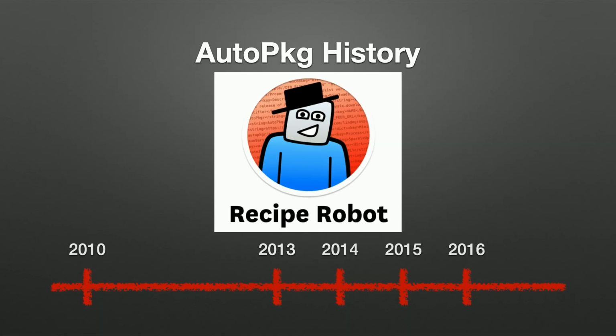And just like AutoPkg did for adoption, Recipe Robot opened those floodgates for new recipes. And as you might imagine, that number grew astronomically. No longer was AutoPkg just for the popular software that a few people used, or that everybody used, I should say.